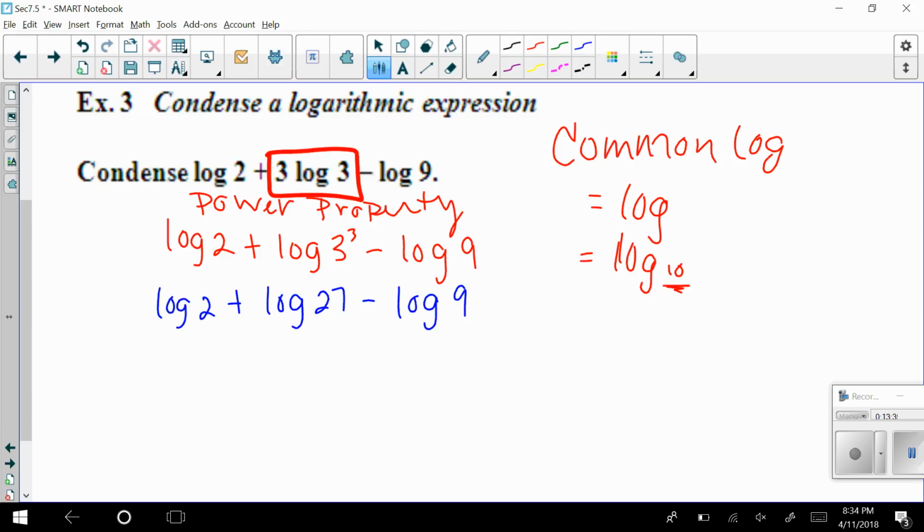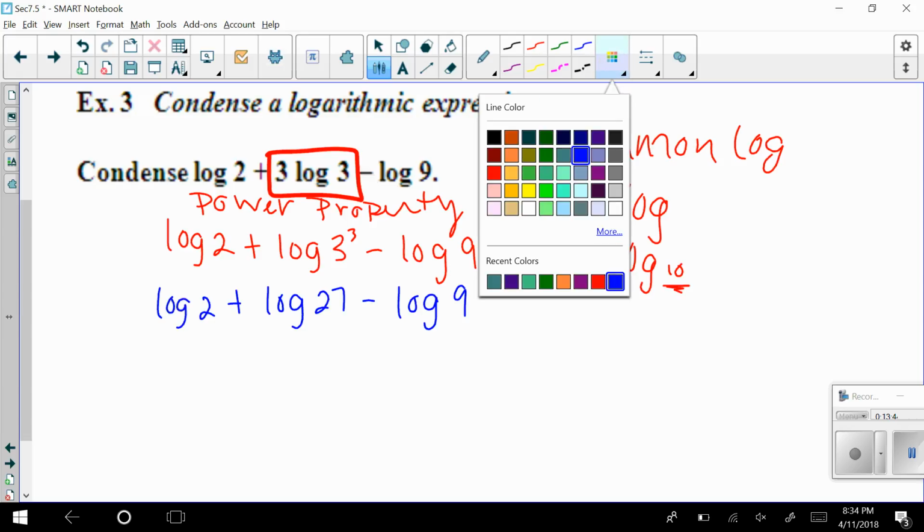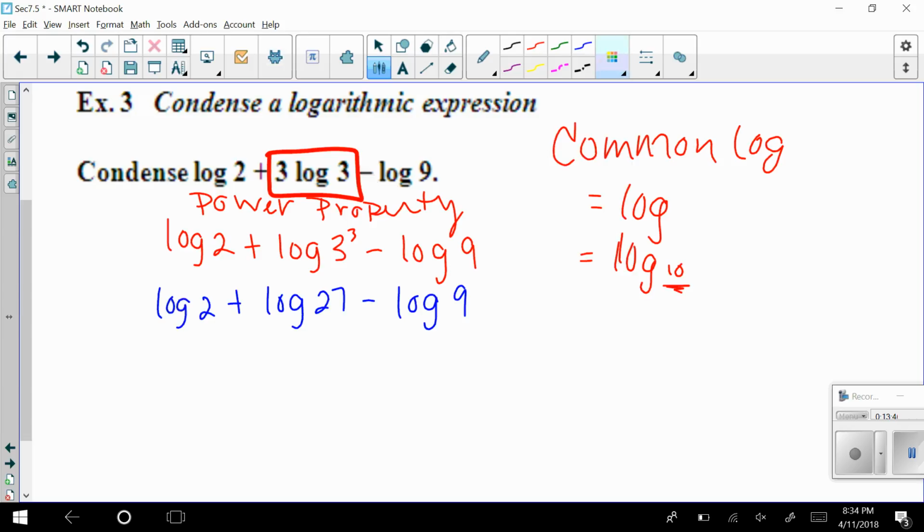Okay, now we can apply the product and quotient property. So let's do the product property next. And here, since we're adding, that is part of the product property.